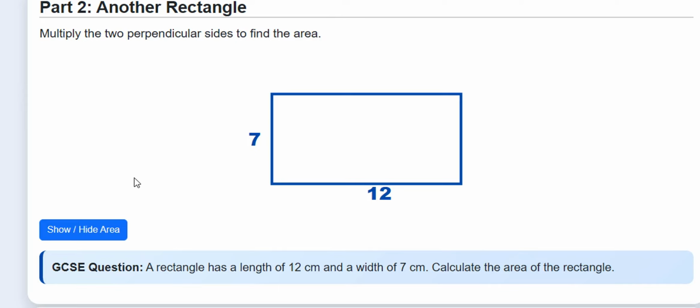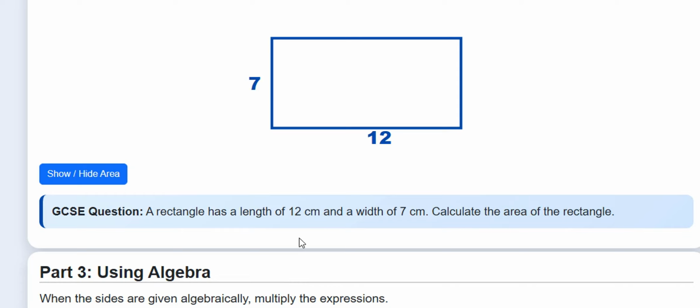In this second example, you are told a rectangle has a length of 12 cm and a width of 7 cm. Calculate the area. So we know the length, which we can call L, and then we also have the width. The length is 12 cm, and the width is 7 centimeters, like that.